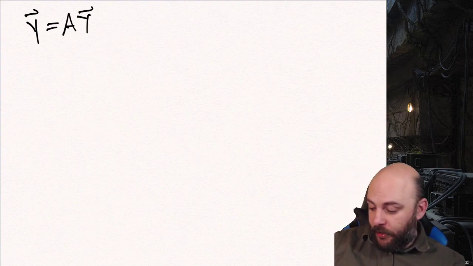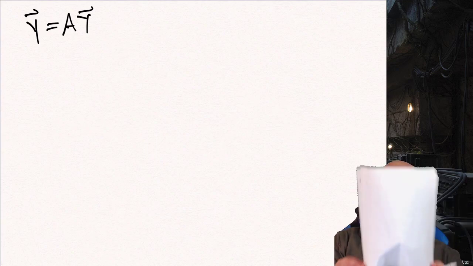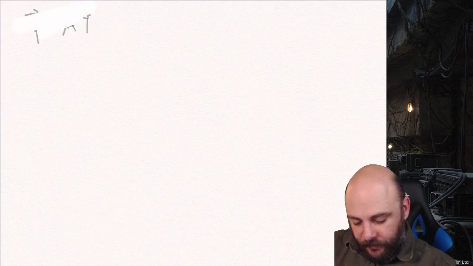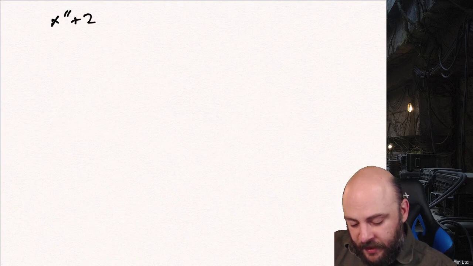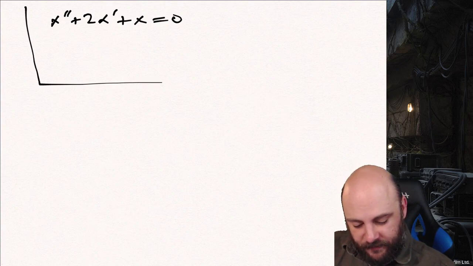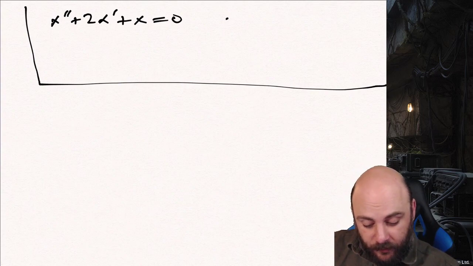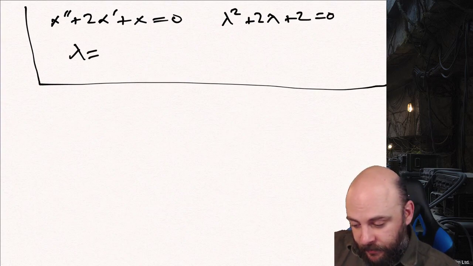at vectors, and we're going to do an example here that I wrote down really nicely on a piece of paper so I wouldn't forget. Actually, I don't need to start with that. I am still going to start with something like this, just as a side note. This would not be how the problem is stated. So this is official sidebar material. If this was the second order, then I'd get lambda squared plus 2 lambda plus 2 equals 0, which would give me that lambda equals -1 plus or minus i.